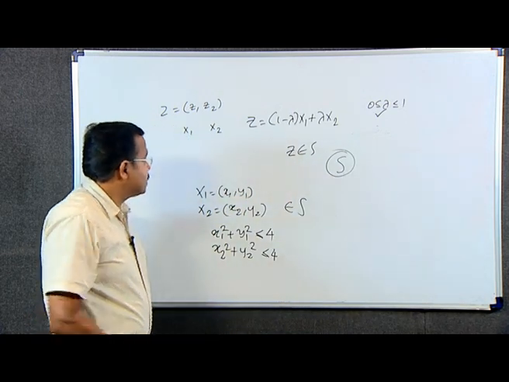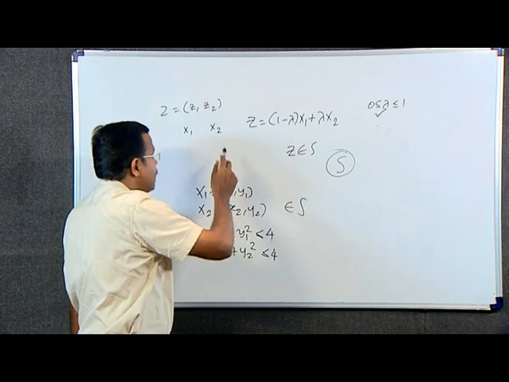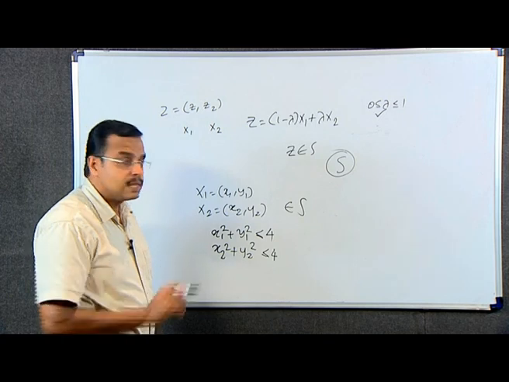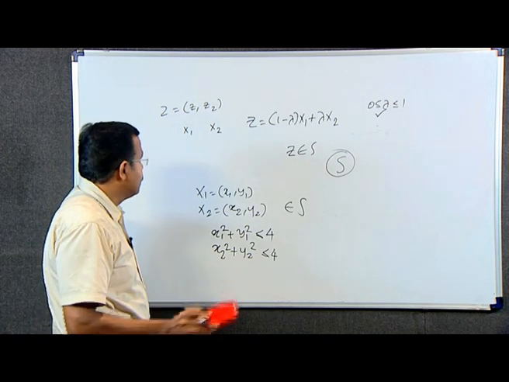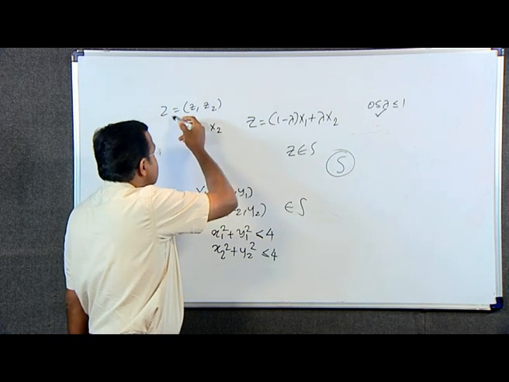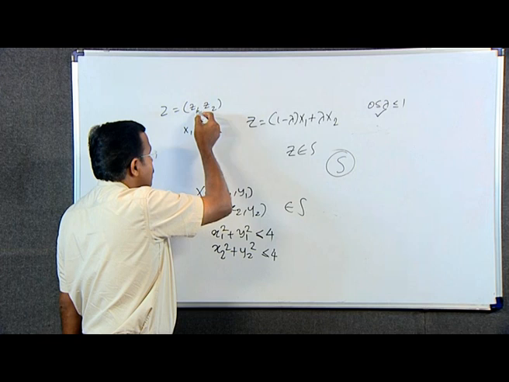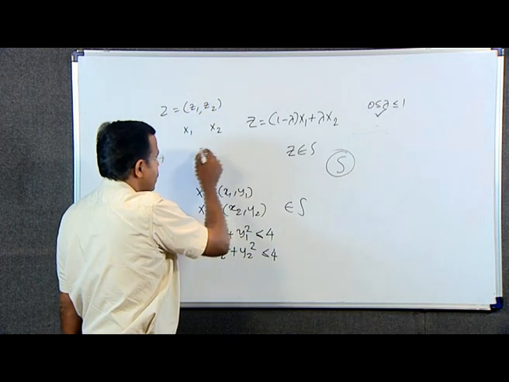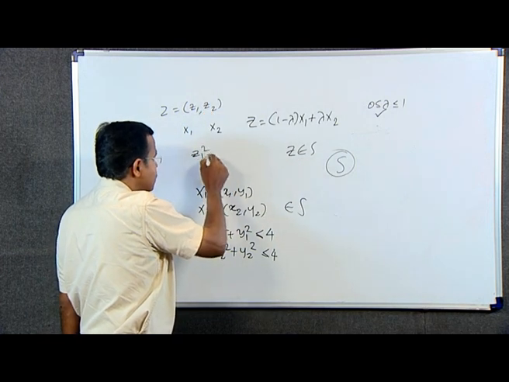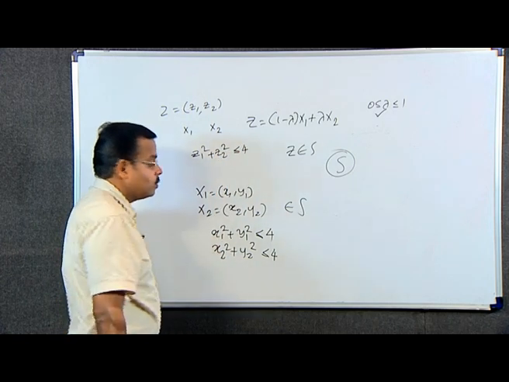For that, we are trying to prove that the convex linear combination of x1 and x2 also belongs to the set S. That is, z, the ordered pair (z1, z2), belongs to S if z1 square plus z2 square is less than or equal to 4.